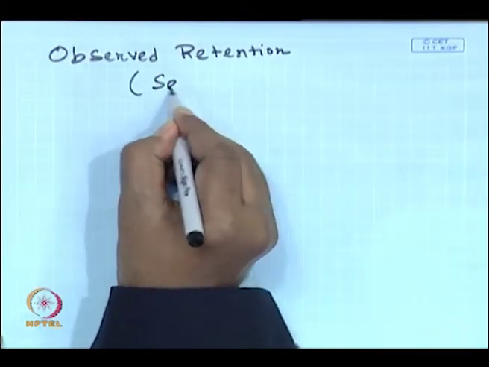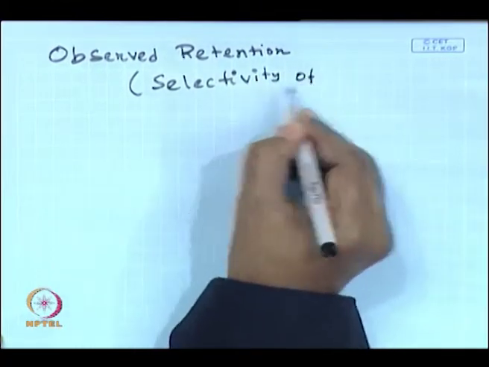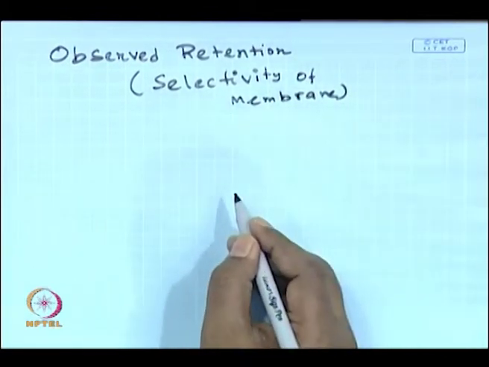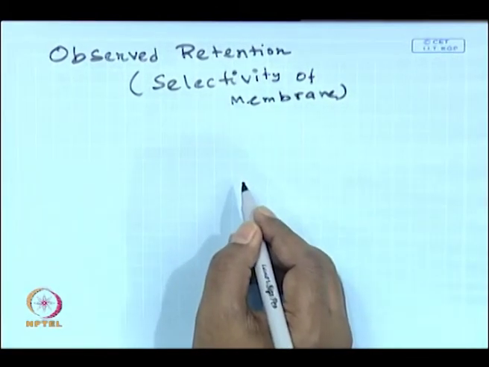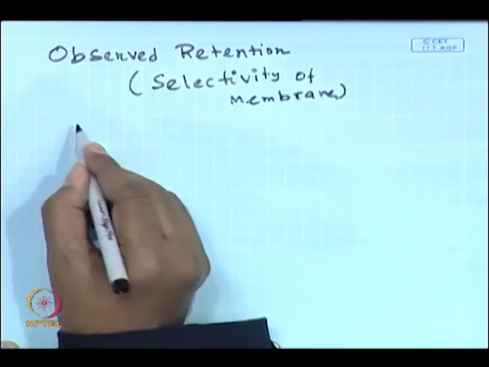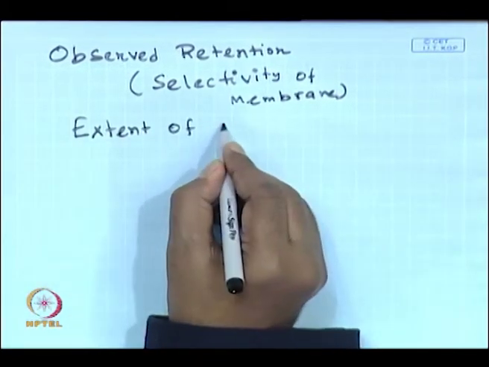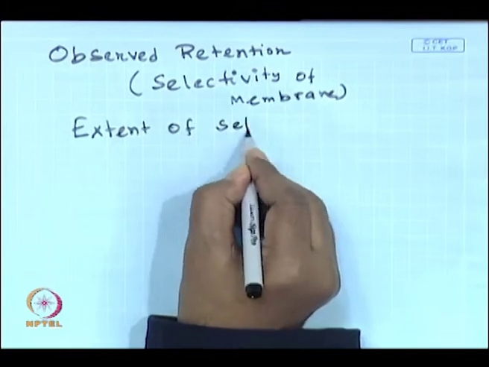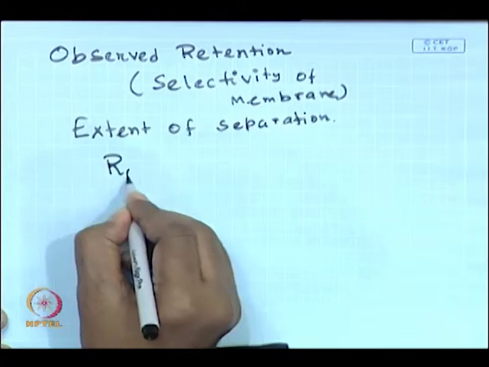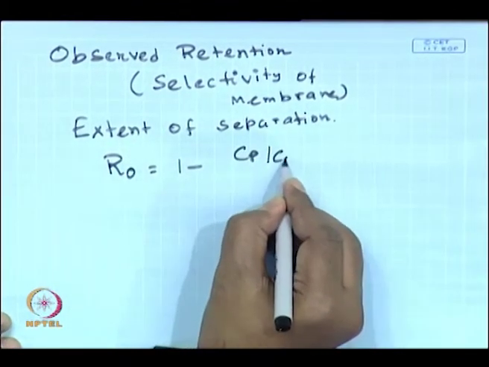It indicates selectivity of the membrane. That means how selective my membrane is, means how much solute it can retain. Physically it indicates the extent of separation. This is defined as R subscript O, and it is 1 minus Cp by C naught.